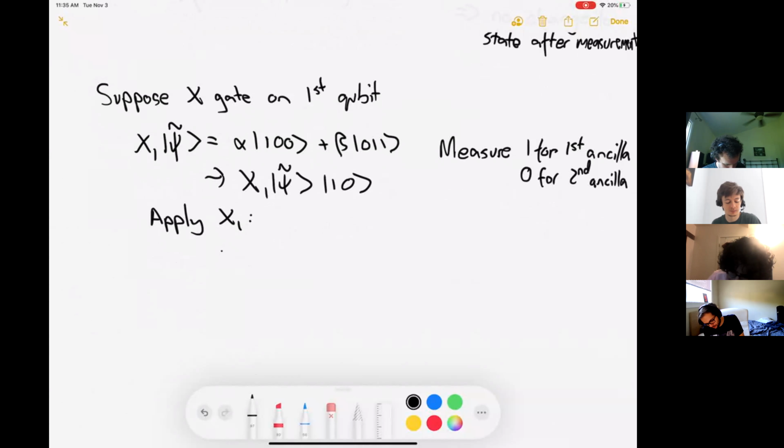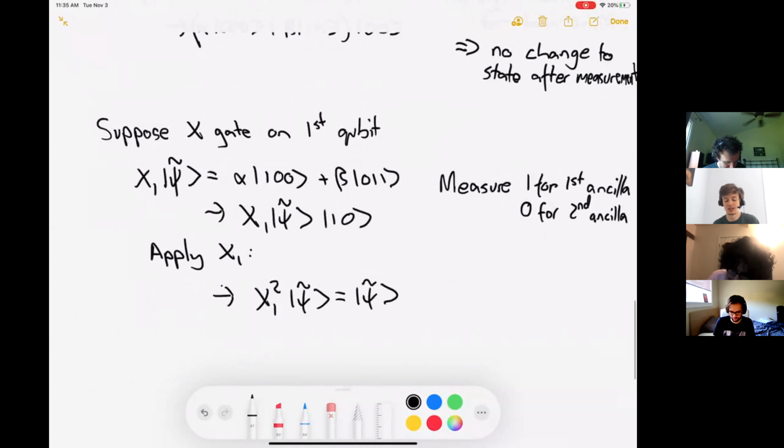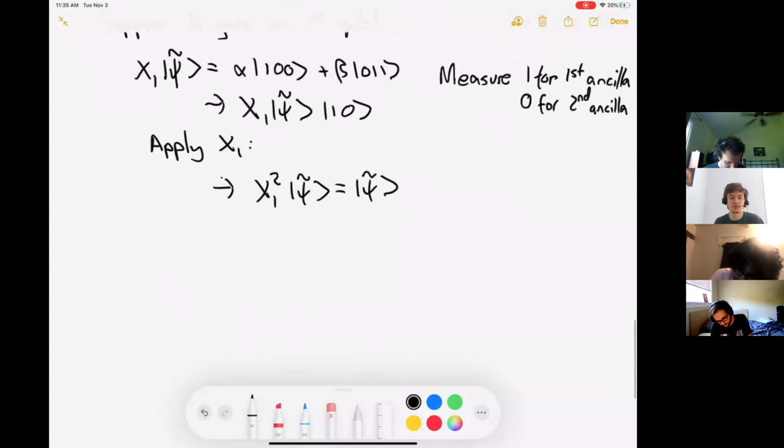Then the state is going to go to x1 squared psi tilde, which is, of course, just the original state psi tilde. Okay, so if, conditioned on the measurement outcomes we get with an X gate applied to the first qubit, we always apply another X gate to the first qubit, then we'll recover the original state.